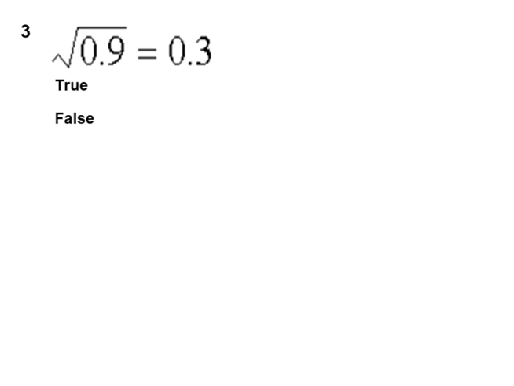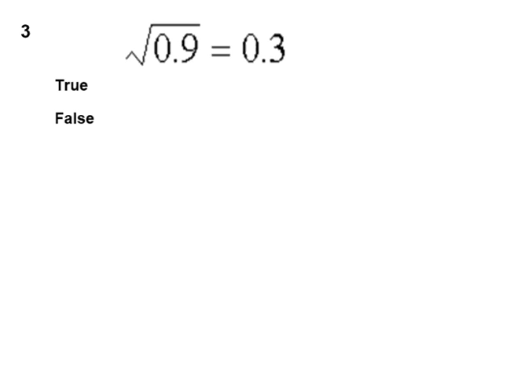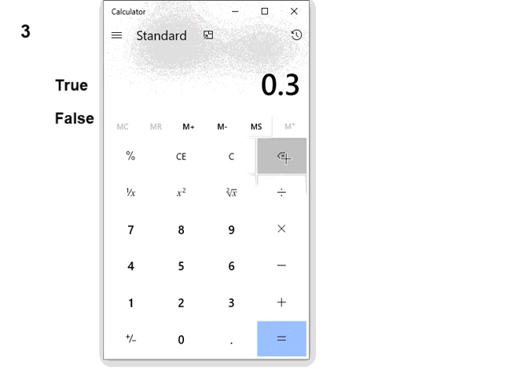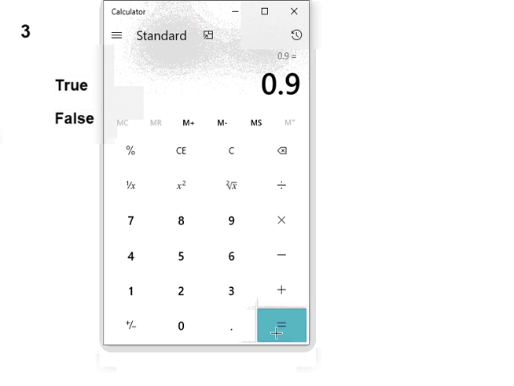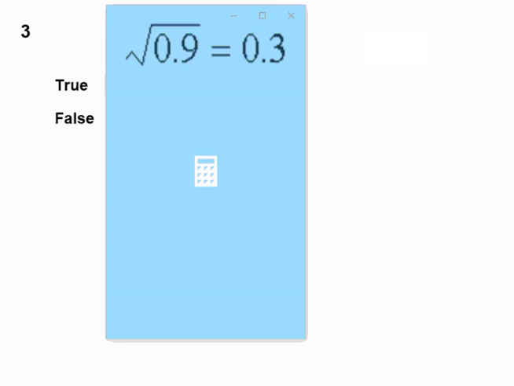Question 3, well, I guess we could use a calculator because I didn't say technically you couldn't, so a square root of 9 tenths is, I did that wrong. Something's going on with my calculator. Let's try that again.